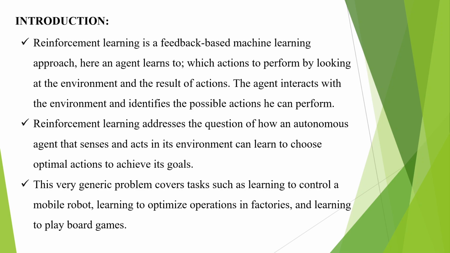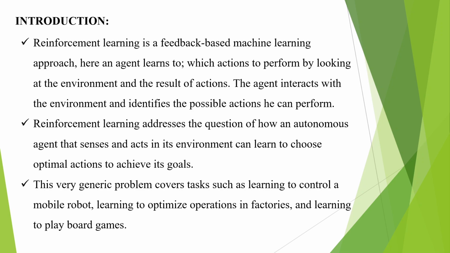It will observe the environment. Suppose the robot is moving in the forward direction, and suddenly a wall comes in between. Automatically the robot will change its path and select a different path to move.